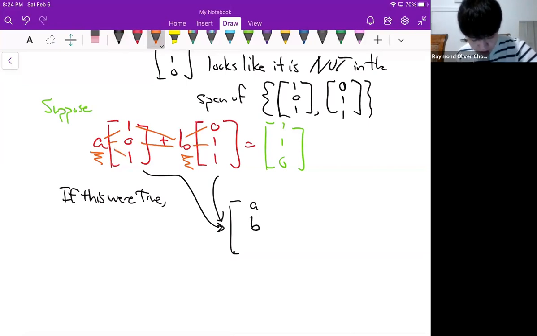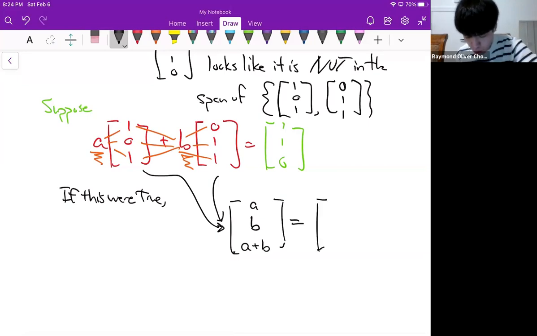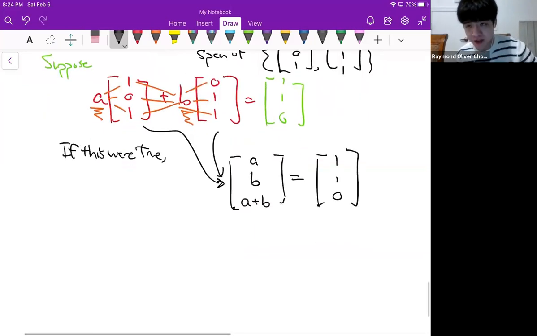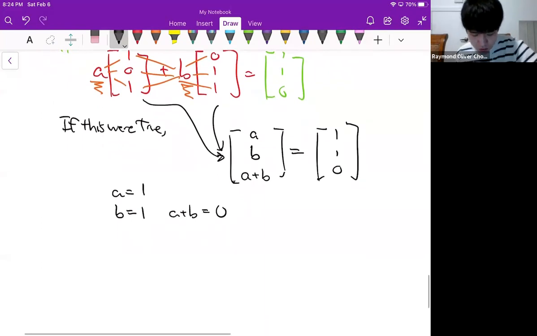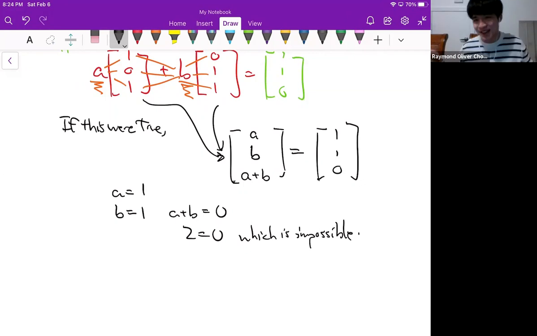And if you go like this, you get A plus B. Okay, so that's supposed to equal 1, 1, 0, right? So now I just match the entries up. So A has to equal 1, B has to equal 1, and A plus B has to equal 0. Well, if that were true, that would mean that 2 equals 0, which is impossible. Impossible. And so that's why you can't do that.